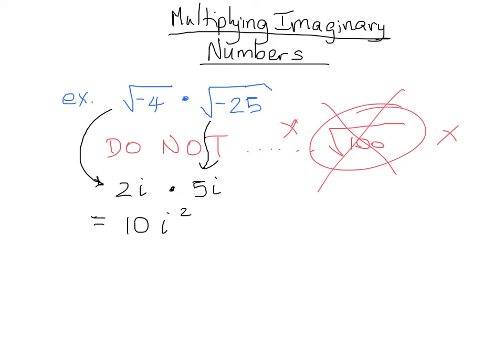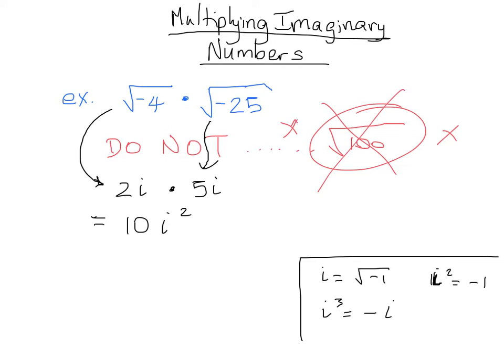squared. Now, you may recall the 4 facts that we spoke about earlier. I'll put them back here. We know that i is the square root of negative 1. i squared is equal to negative 1. i to the third is equal to negative i, and i to the fourth is equal to 1.